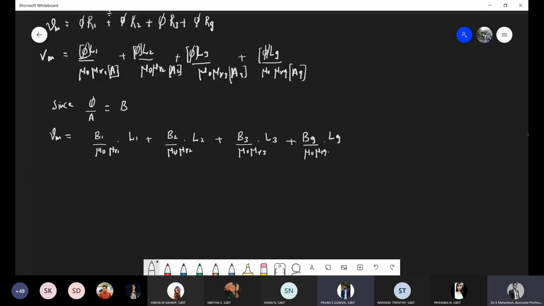Okay, fine. So now if you observe this component, what is B equal to?